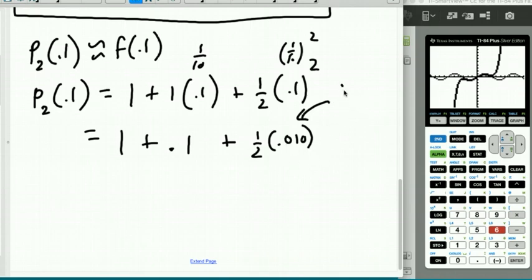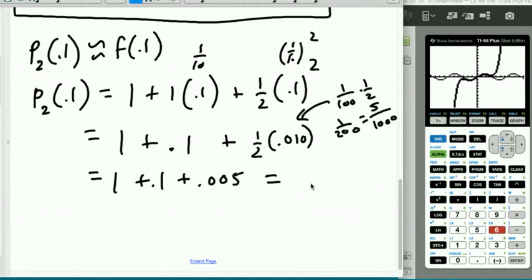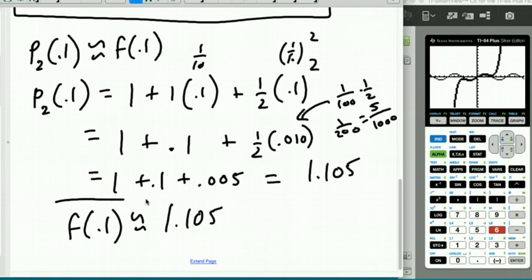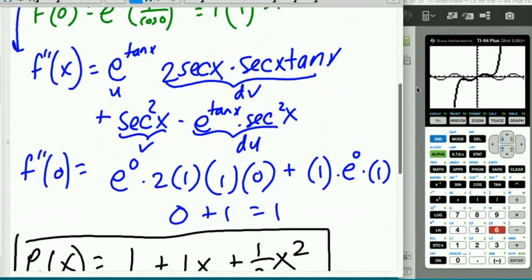Another way to think about it is if you do 1/100th times 1/2, you get 1/200th, which is the same as 5 over 1,000, if you times by 5. So I'm going to get that this is a 1 plus a 0.1 plus a 0.005, which means I get 1.105. F of 0.1 is approximately 1.105. And that's a level of decimal math you can be expected to do on an AP without a calculator.